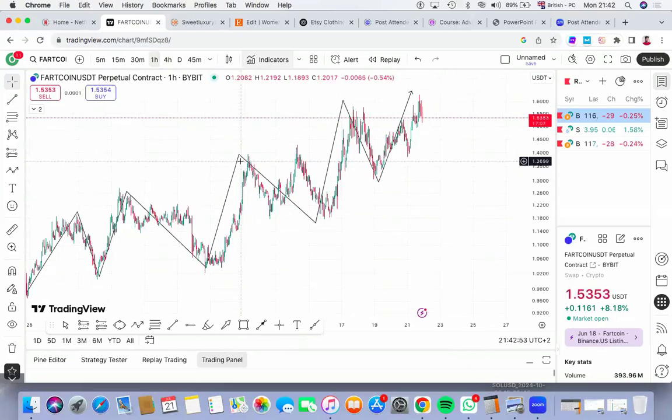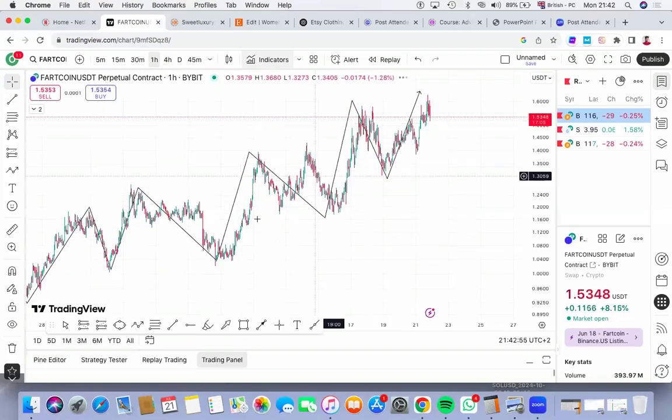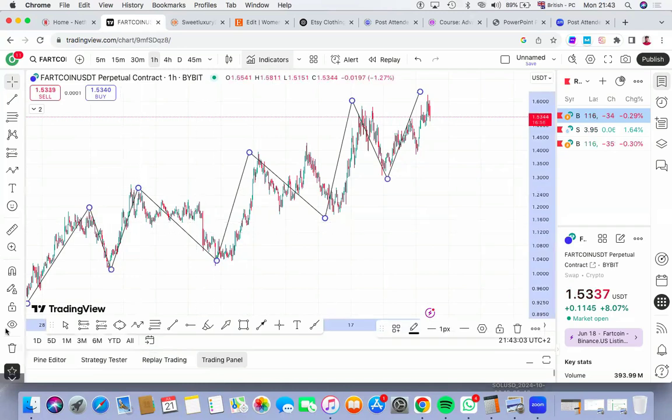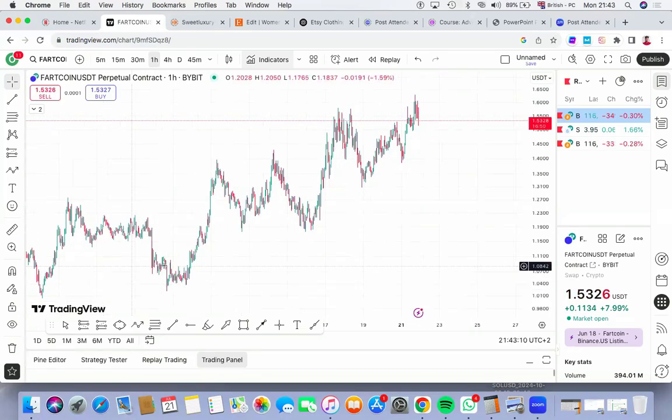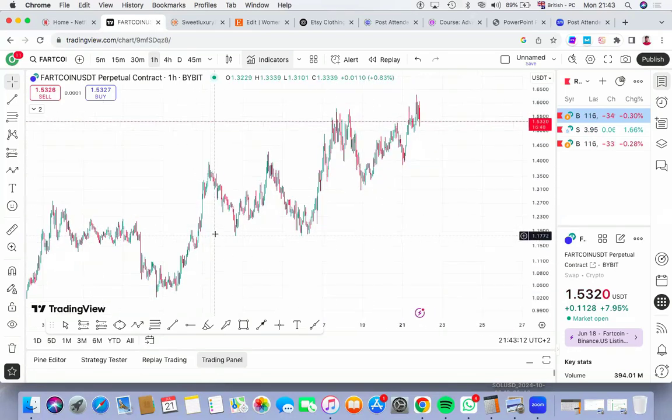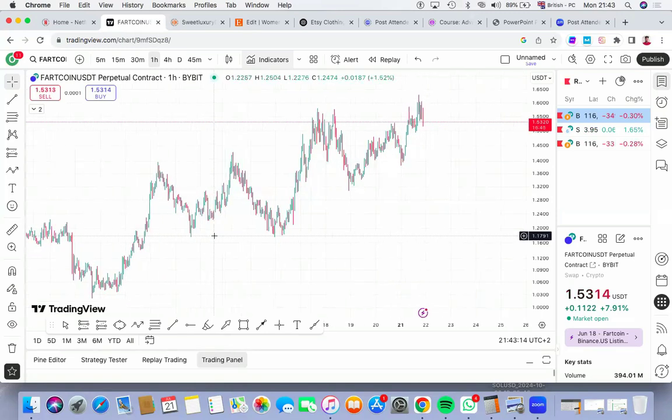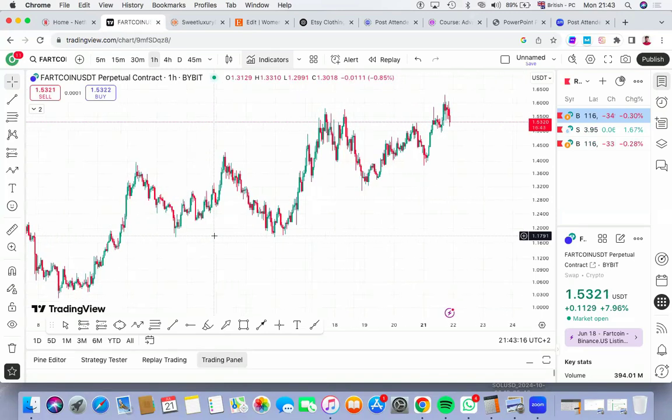So I want to focus right now on this area. I want to analyze this area, the recent move the market did.